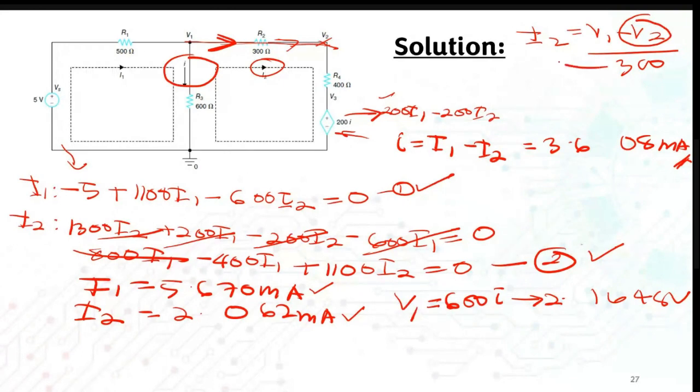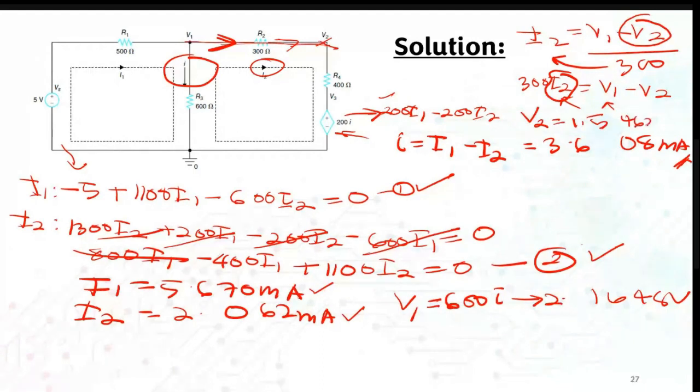Bring it here: 300 I2 equals V1 minus V2. You just have to substitute the values that you already have, I2 and V1. Then you can find that your V2 is equal to 1.5462 volts.